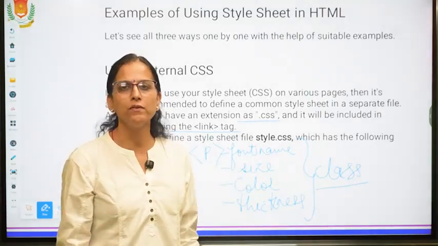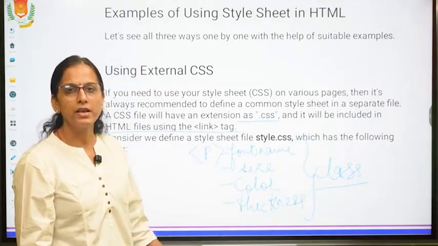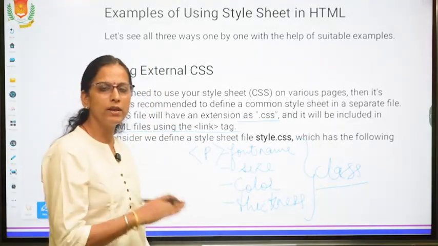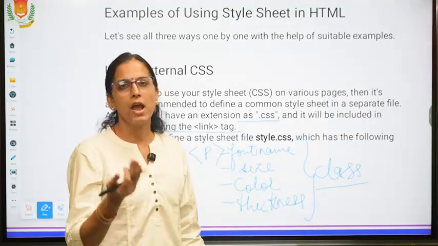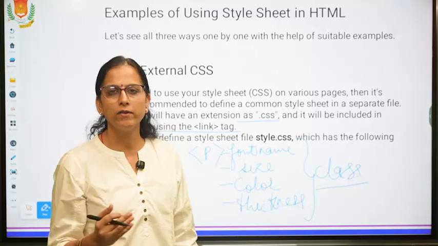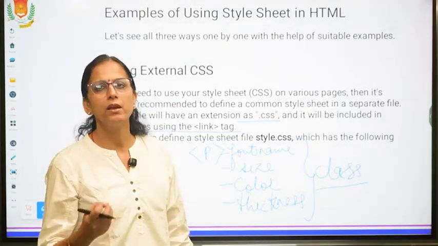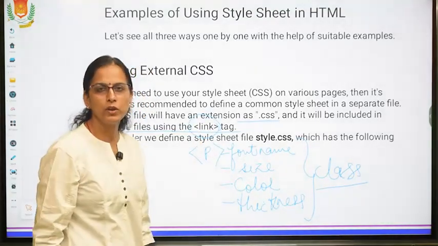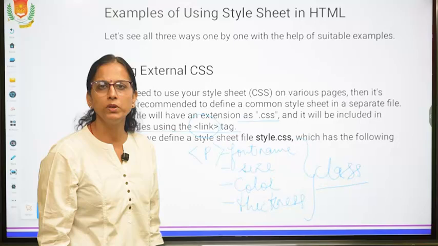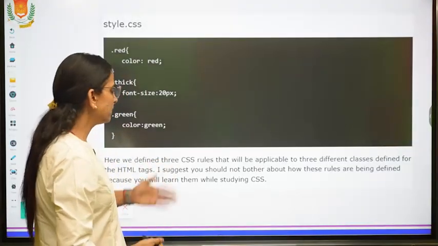So this is the way, using external CSS, create a separate file, save it with .css, and you can refer to it in any of the web pages with the help of the link tag. Link tag is there. You can give the name as we do in linking, hyperreference. Then see, this is the example.